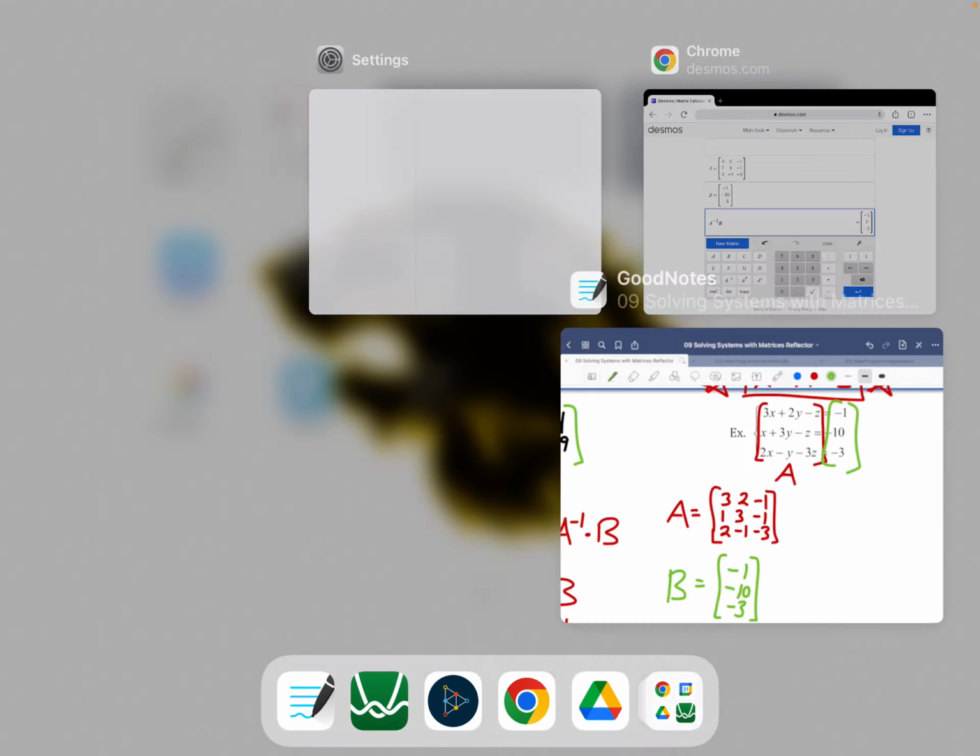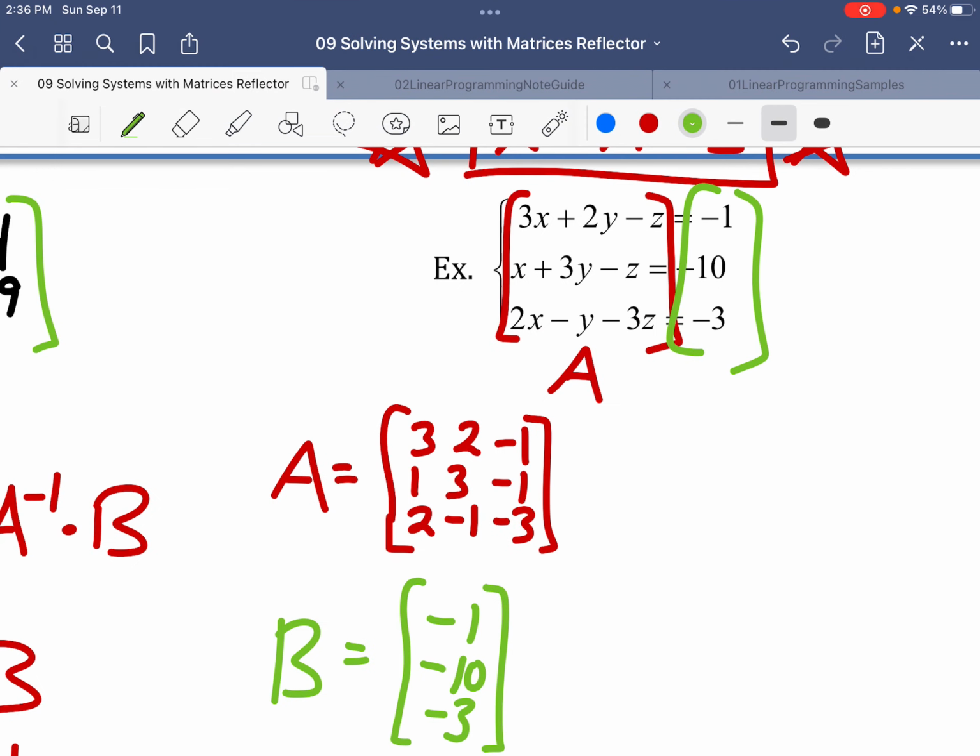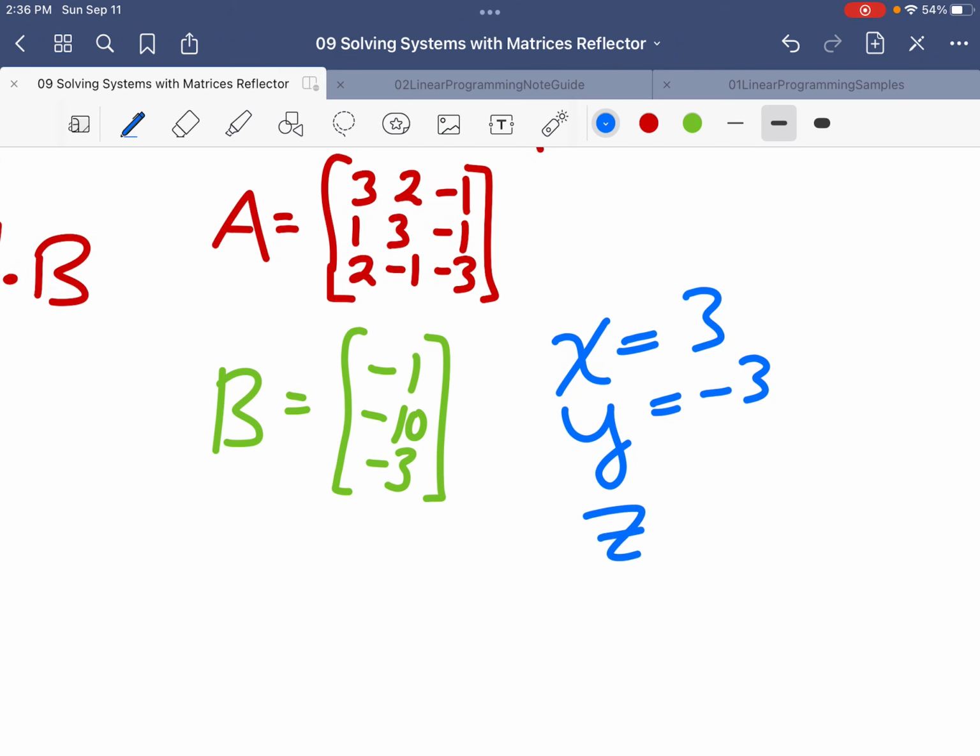It's always going to come out in the same order that you set up. So if the first coefficient is x, the next is y, and the last is z, then my answer is going to come out x, y, z. And that's what I want you to do. I want you to say accordingly what you found: x equals, y equals, z equals.